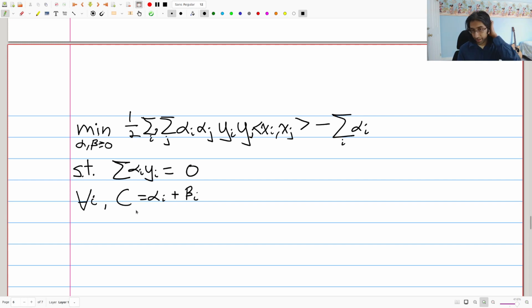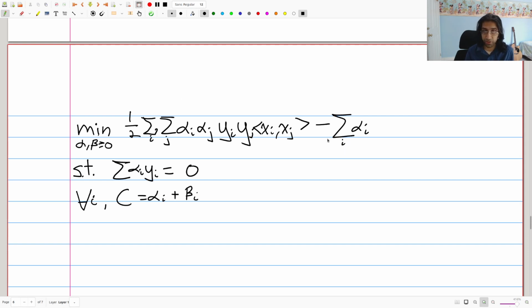Let's take a look at this and maybe recap a bit what we have. We have this optimization problem with these two constraints. And in fact, you might realize if you were paying close attention that this is very, very close to what we have for the soft margin SVM or hard margin SVM. In particular, this objective function is exactly the same.